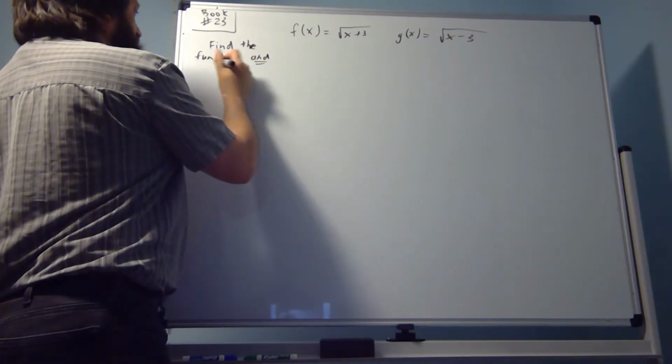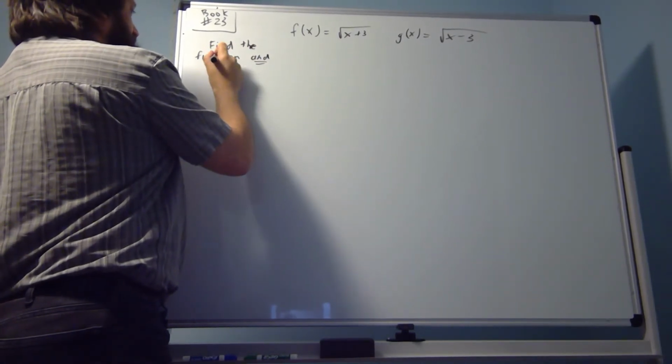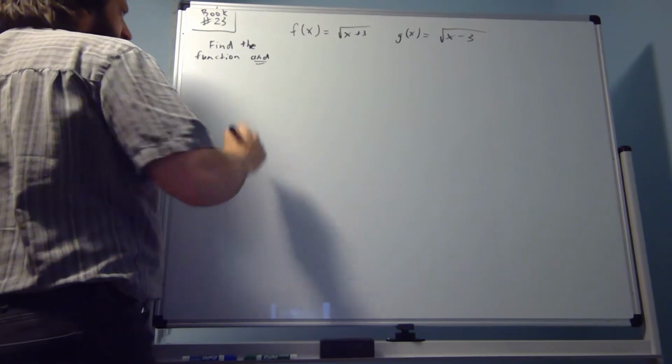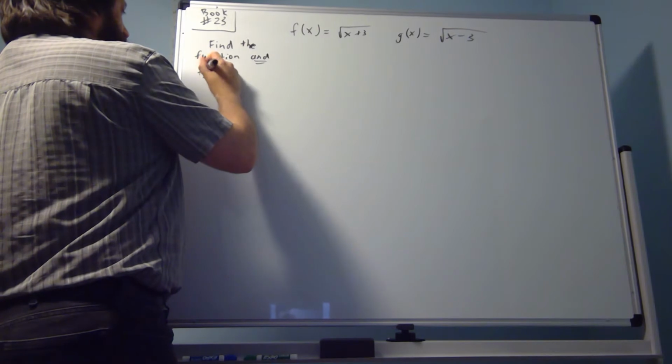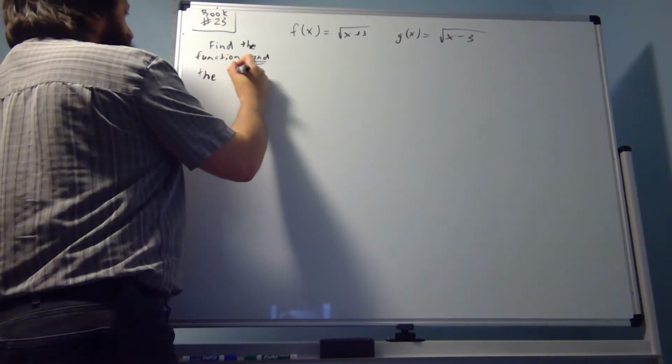I might be changing the problem slightly, but I want to find the function, the result when I put these two functions together, and the domain for these different combinations.